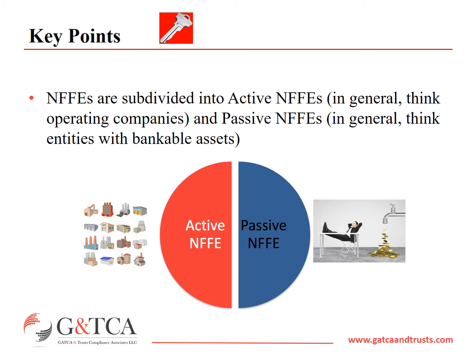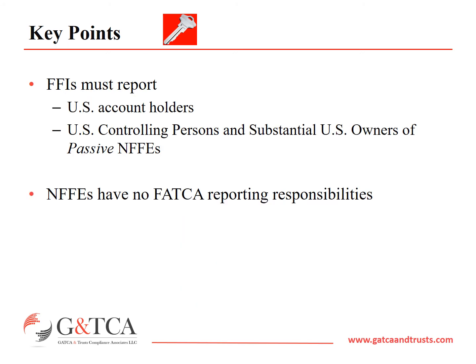On the other hand, think of a passive NFFE as an offshore entity created for perhaps the precise purpose of hiding undeclared money. It invests in bankable assets and earns mostly passive income. As we have seen, FFIs must report their US account holders and the US controlling persons and substantial US owners of passive NFFEs.